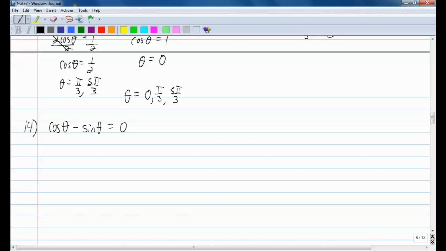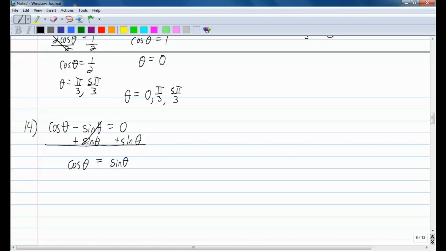The way that you work it out is you set the two trig functions equal. So move one over. You always do this if you have two trig functions and they're both to the first power. So I'll have cosine theta equals sine theta. Then, this is the step where a lot of students get lost or don't know what to do.